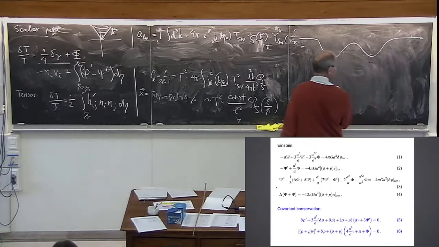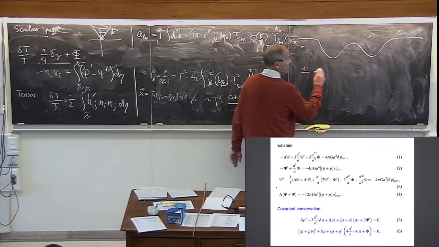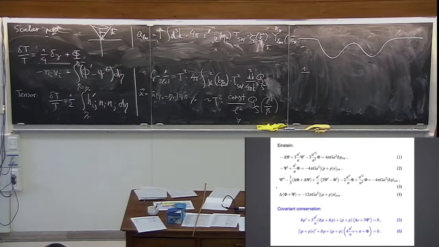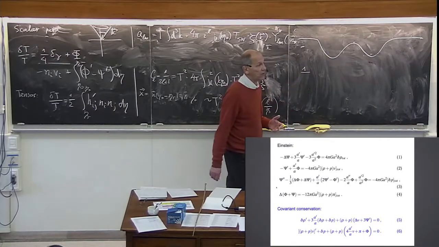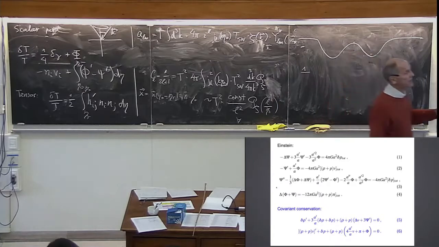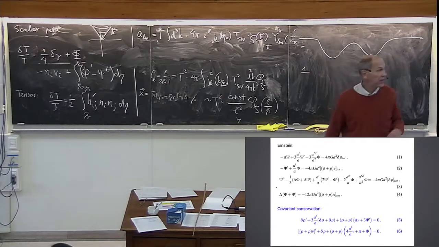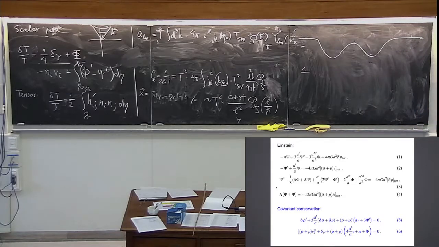So let me write it down. 1/3. Velocity is 0. We're talking about a static potential phi. What sort of energy density variation will it induce? That's my question. So I apply this equation to the baryon-photon component, and this phi is a source which is due to dark matter, right?